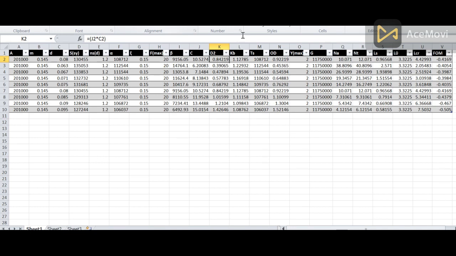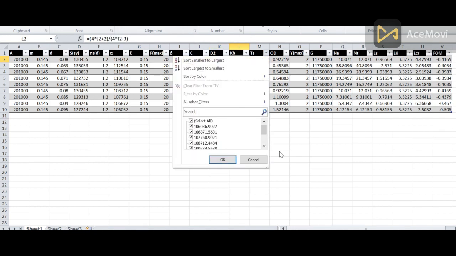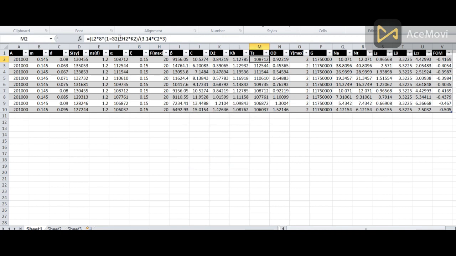Then it is d, kb, sorry, tau s, the given formula, OD max is given, G is also given, 11.75 G mpsi. So the number of terms is given by the formula and all the values have come out to be this.